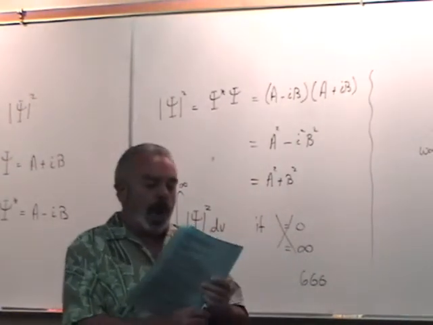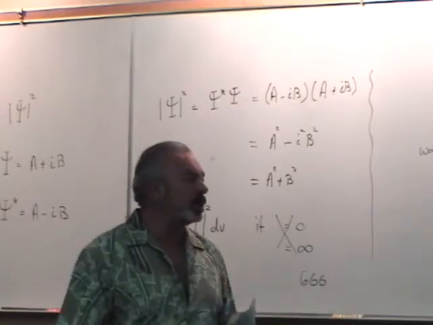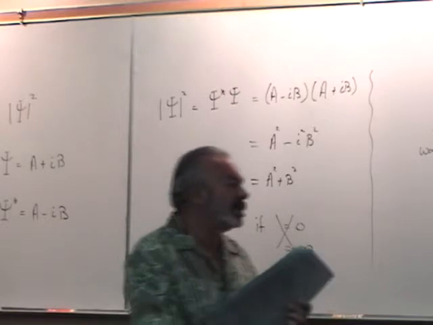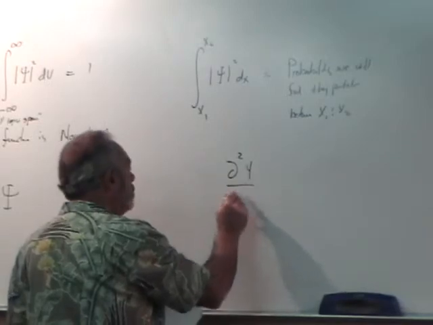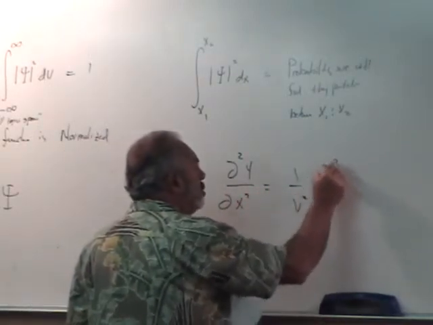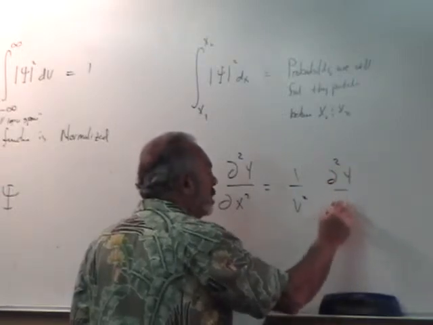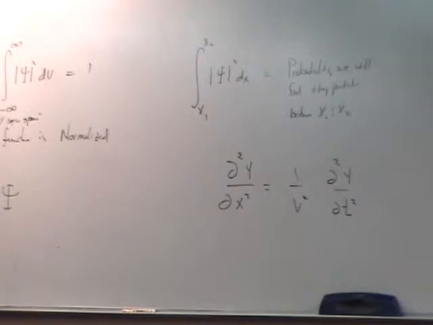To do that, I want to review with you very briefly something that we talked about recently, and that is, what is this creature right here? d squared y dx squared equals 1 over v squared d squared y dt squared. That's a classical wave equation, isn't it? Yes.